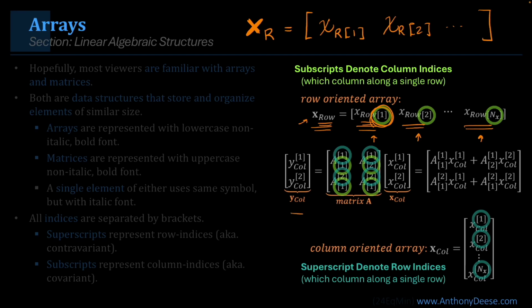Now here we have a matrix expression where Y column is equal to X column times a matrix A. The green and teal circles may be masking what we want to show, but I can write it on the next slide. So we have a matrix which I call A, and that's my attempt to put it in bold, and it's multiplied by a column array which I'm calling X column.